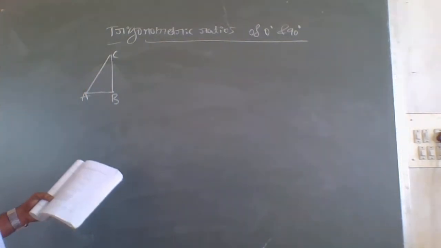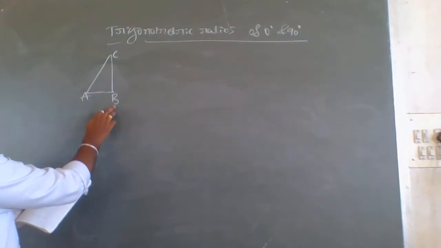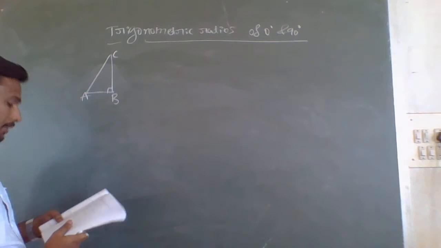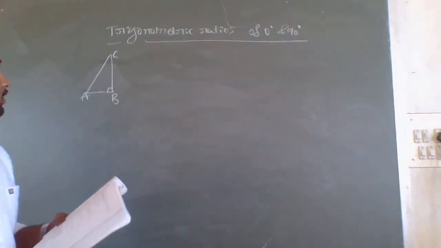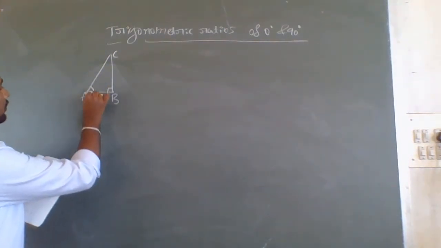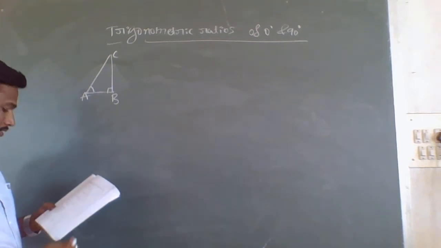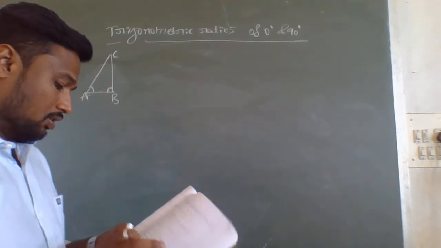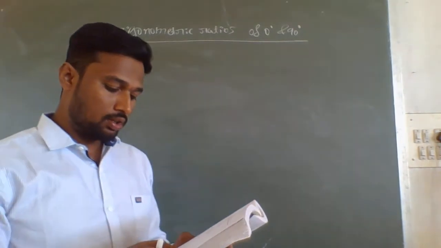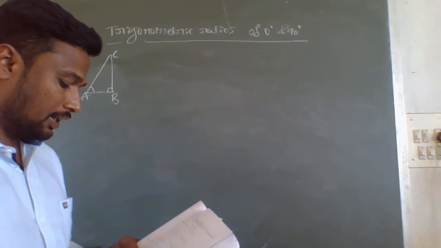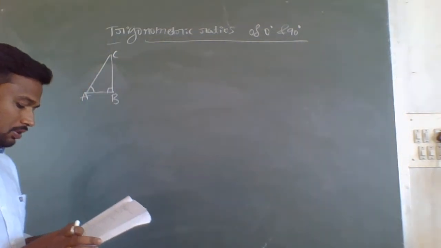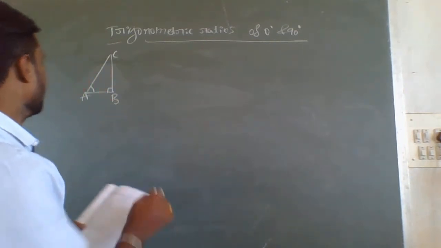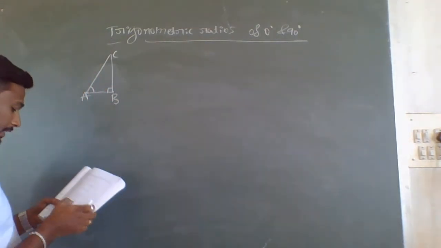What they are doing, they have given this triangle ABC where angle B is right angle and they are reducing this angle A. So here they are given, if it is made smaller and smaller in the right triangle ABC till it becomes 0.